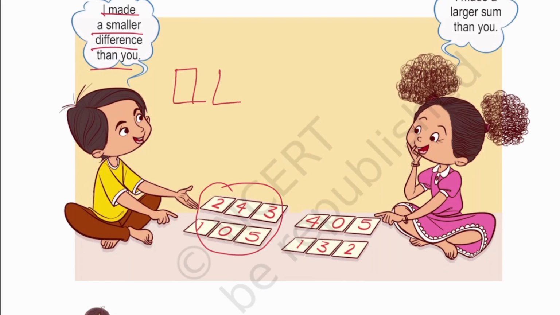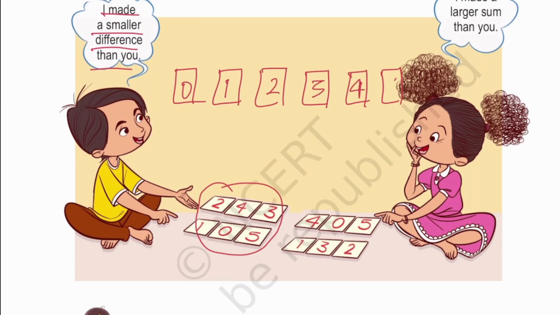Actually, you can make 6 cards using numbers from 0 to 5, and you have to arrange the 3 cards such that you make a bigger number or a smaller number. For example, if I take this and this, the biggest number that can be formed is 530, and the smallest number could be 135.